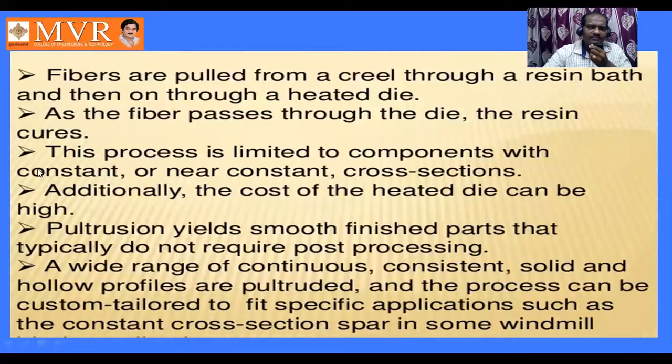So this is the general description. Fibers are pulled from a creel through a resin bath and then on through a heated die. As the fiber passes through the die, the resin cures. This process is limited to components with constant or near constant cross sections. Additionally, the cost of the heated die can be high.